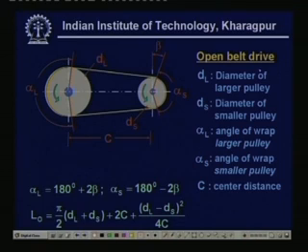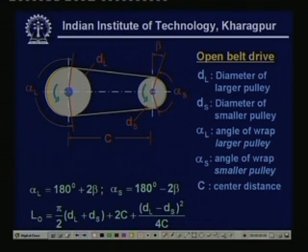and some of the nomenclature for the open belt drive system is as follows. DL is the diameter of the larger pulley, this one. Then DS is the diameter of the smaller pulley. Then we have alpha L, the angle of wrap of the larger pulley.